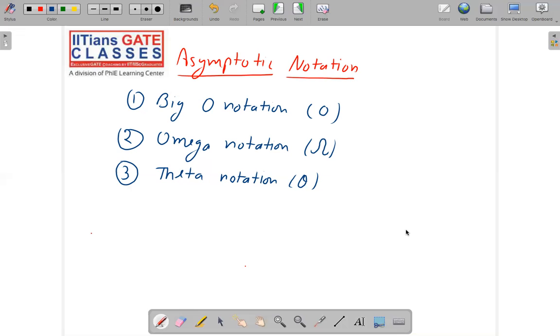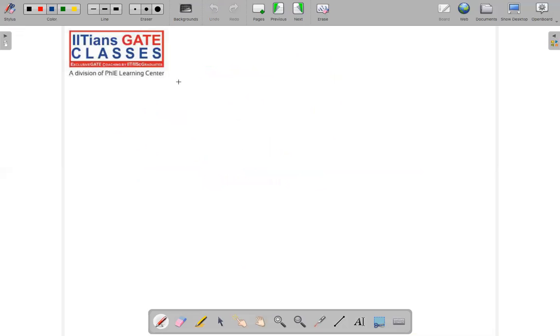Mainly, there are two more types, but those are not mainstream asymptotic notations. Mostly, we denote time complexity in this form. In the previous lecture, I used big O notation. Okay. So there are two more, omega notation and theta notation. So let's start with big O.